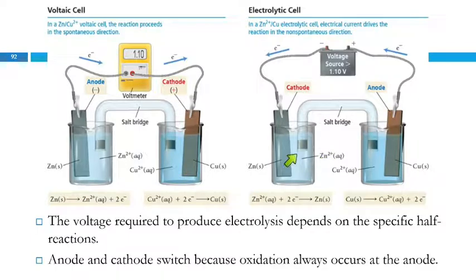If we use electrolysis, we can drive the reaction in the other direction. And so now we're reducing zinc ions and oxidizing copper ions. So these half reactions are backwards. Now the zinc becomes the cathode because reduction always occurs at the cathode and oxidation always occurs at the anode.